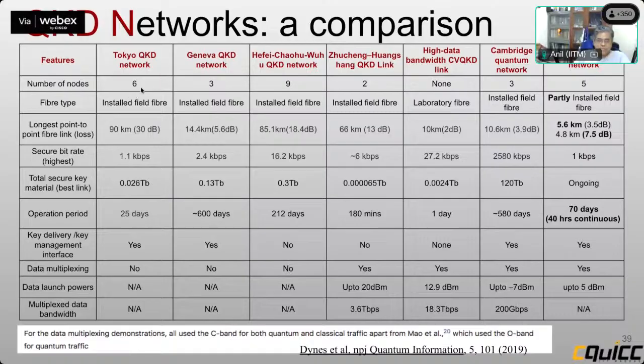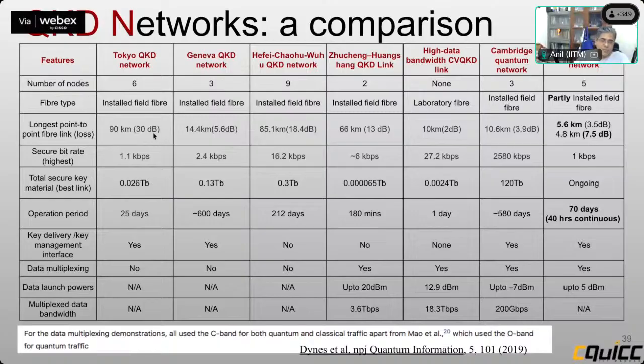So somebody might have 6 nodes, somebody might have 5 nodes, somebody has 2 nodes. Some of them are doing it inside a laboratory. Some of them, like us, are doing it partially in the field, partially in the laboratory. What is important is not the distance. And people say that the distance is important, but it's not the distance. If you look at it, we can claim 90 kilometers, but the loss is 30 decibels. 30 decibels is not 90 kilometers.